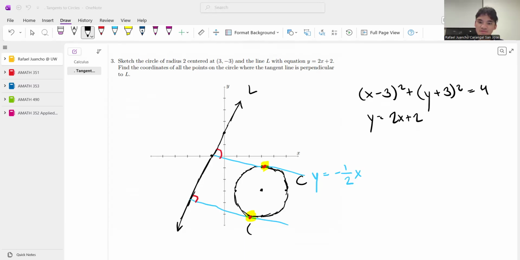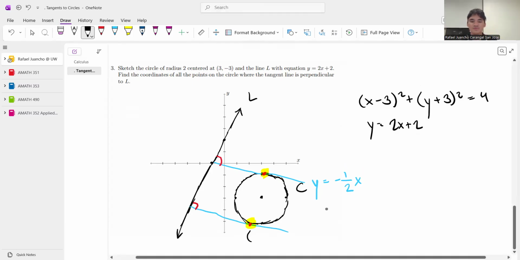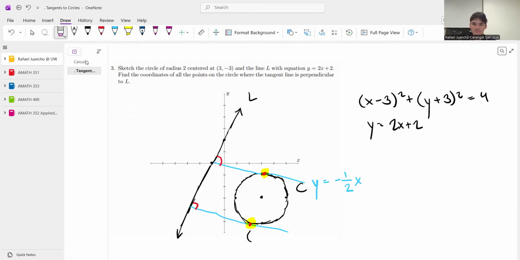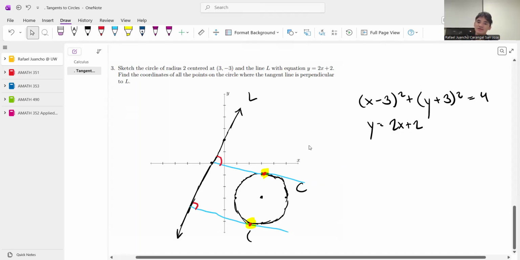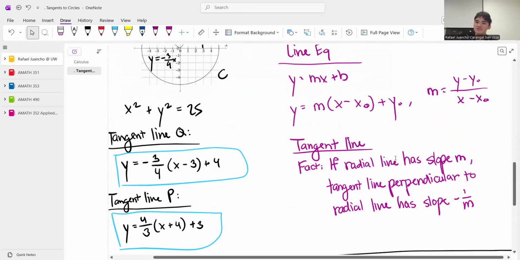Oh, I just realized something. We can actually do this. We can find the radial line of this circle. And the way we're going to do that is we have a slope, which is 2.